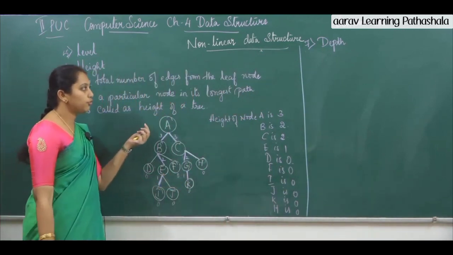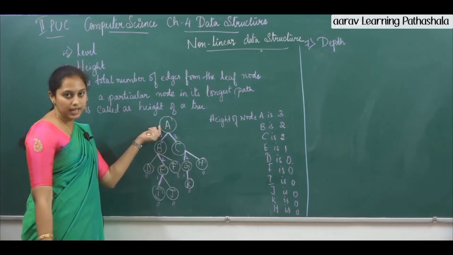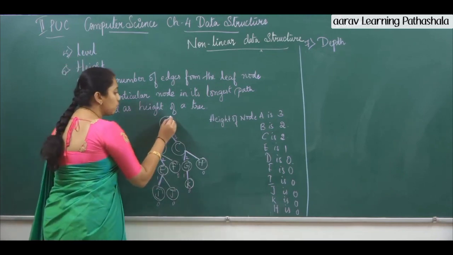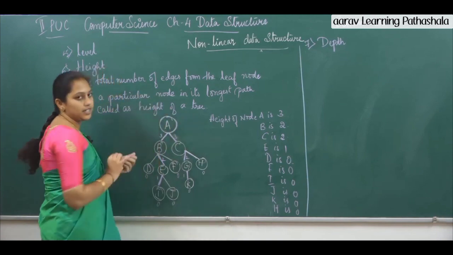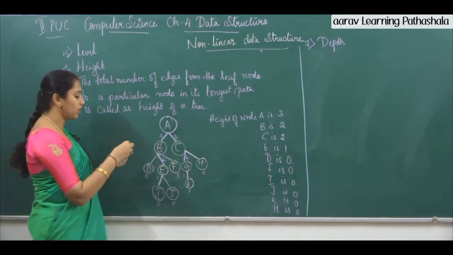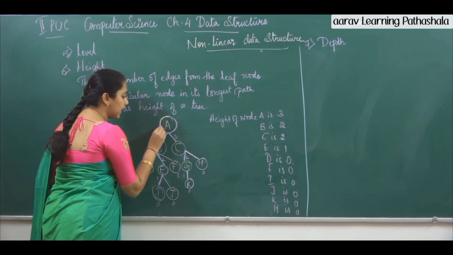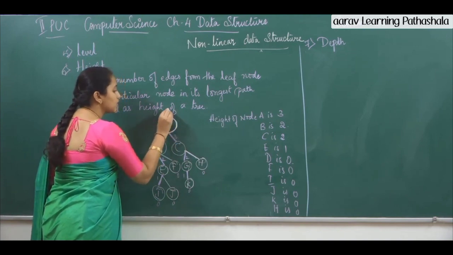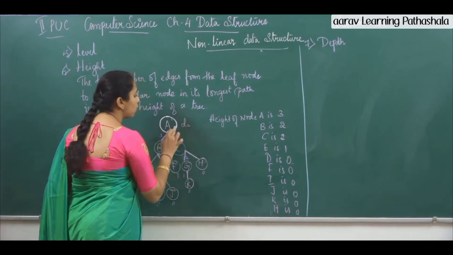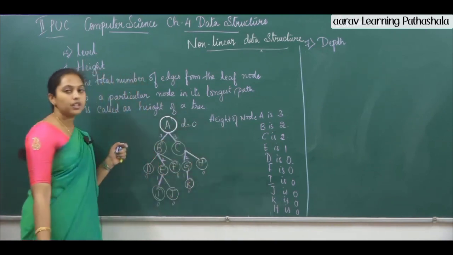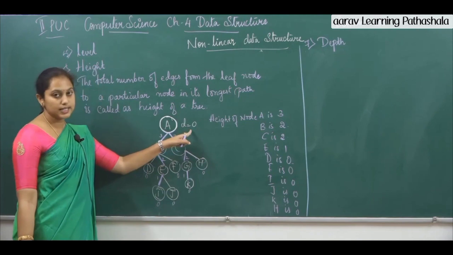If I want to find the depth of A, this root node A does not have any predecessor, meaning it does not have any parent, right? Hence, the depth of this node is 0.